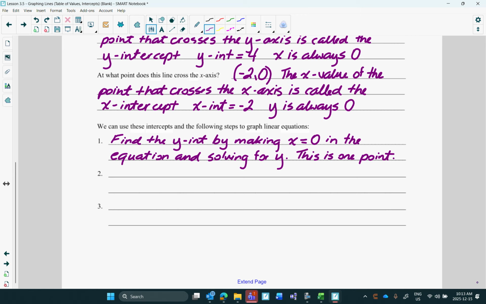Go back to the equation and find the x-intercept by making y equals 0 in the equation and solving for x.